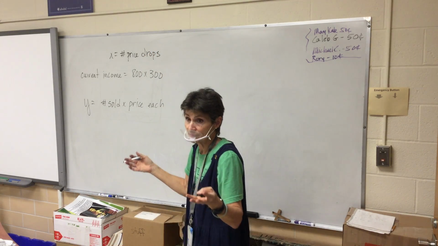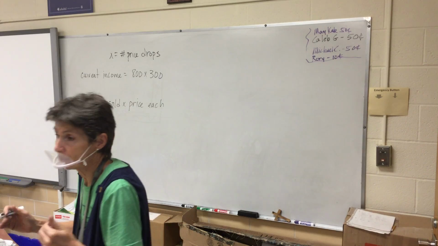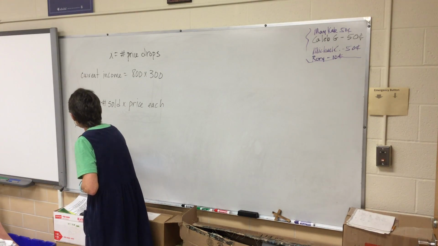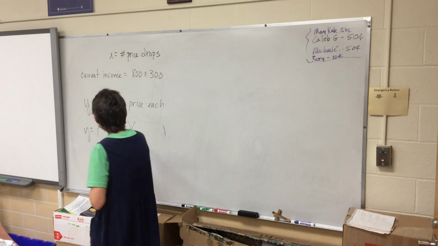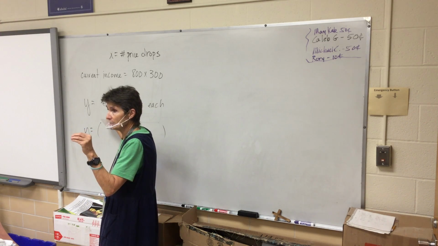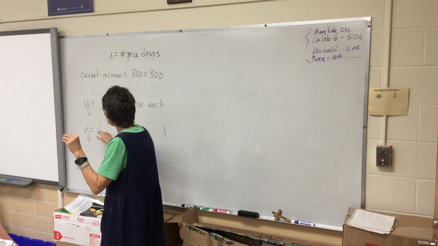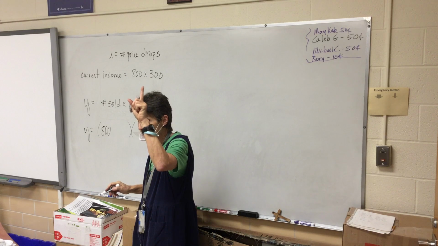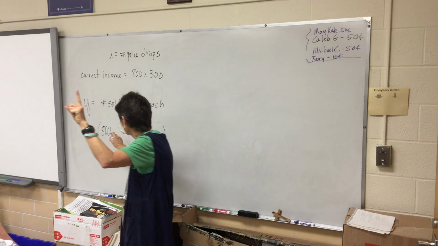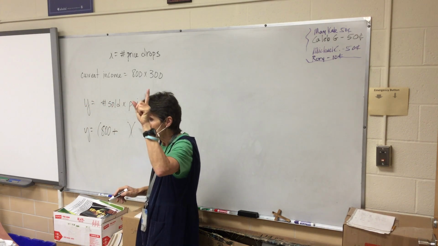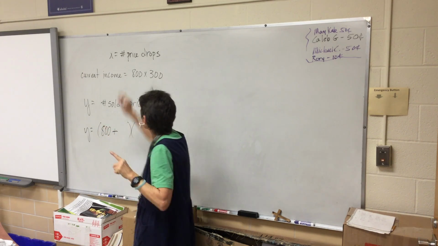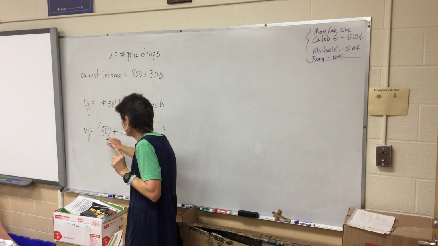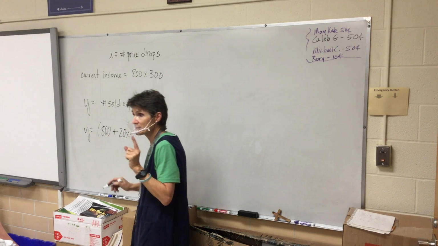because that's really what we need to figure out, how many times do I need to lower my price, then I can calculate my income by taking the number I sell, which right now is 800. But that's going to go up 20 units for every X. So it's going to be 800 plus 20X.